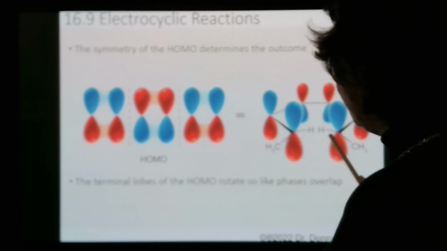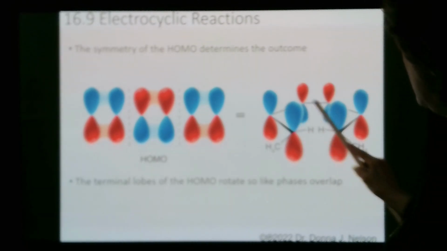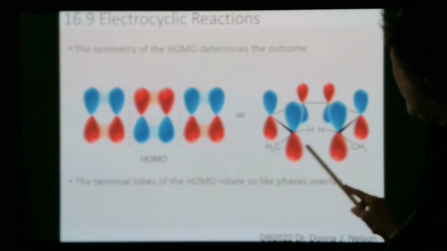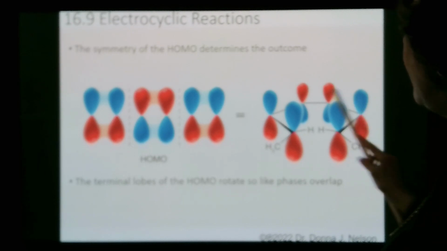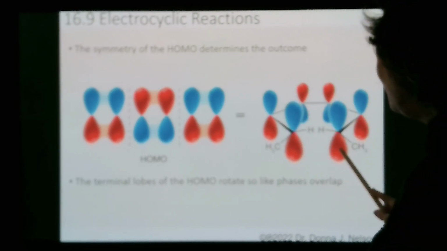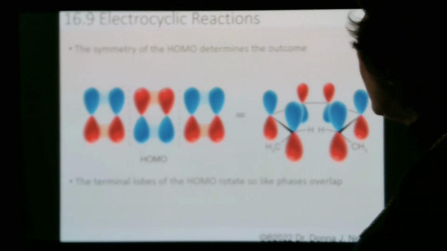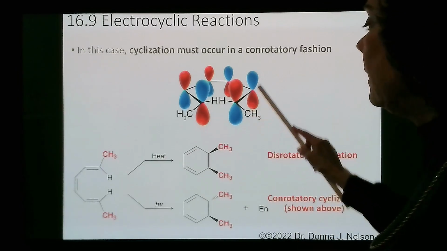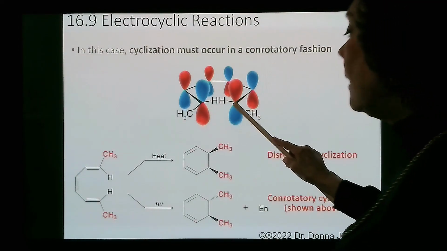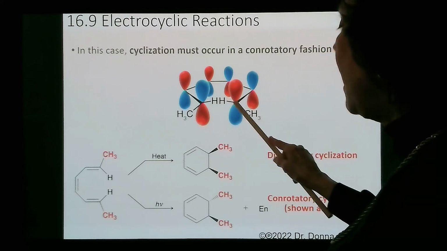Notice these are different. And that's because this is showing the molecular orbital psi 3 that would be used in the thermal reaction, whereas this is showing psi 4, in which an electron has been promoted to the LUMO by the light.